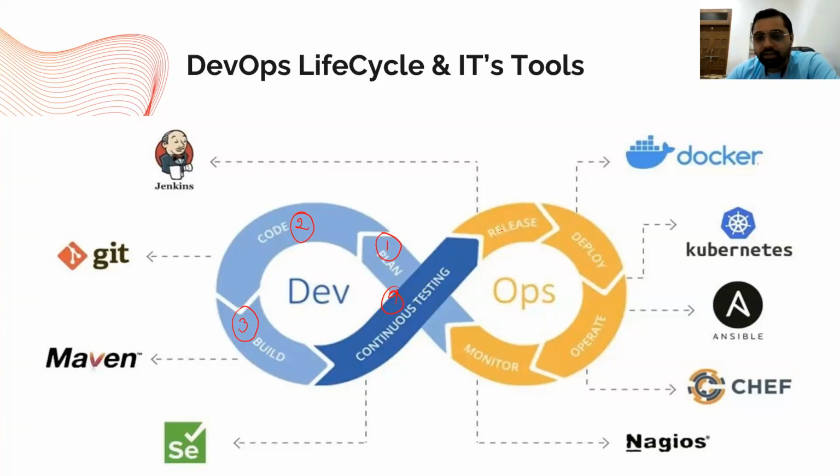Then you release your application. Release means, as we know in real time, if we work on any application like Amazon or Flipkart, they release applications or new features. They release version 1.0 and 2.0, which are the major versions, and usually we have 1.1, 1.2.